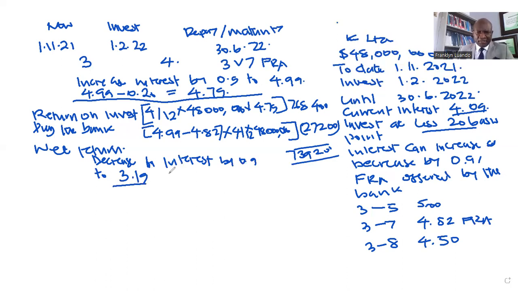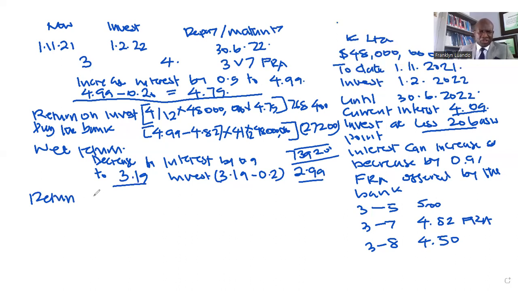We can invest 3.19 less 0.2. So this will be 2.99.